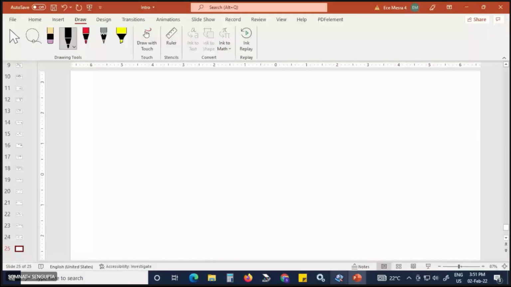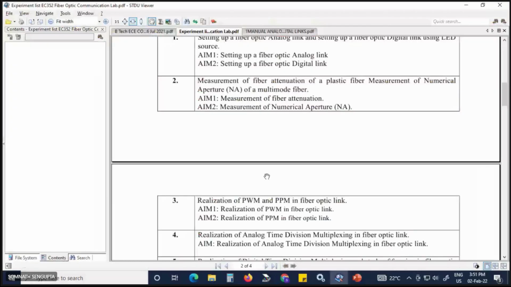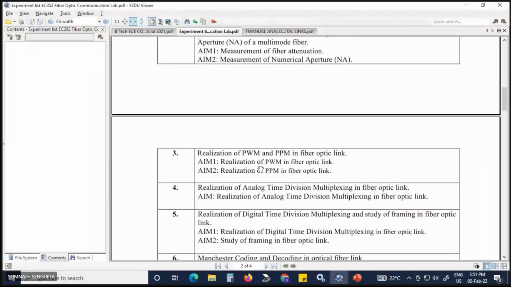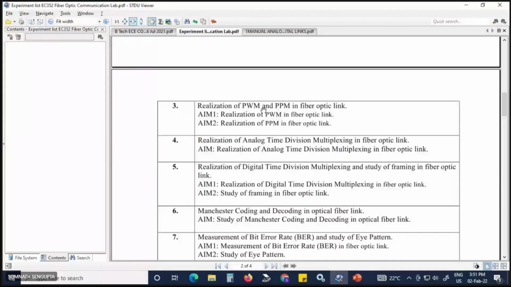Then the third experiment is PWM and PPM. There is a basic kit based on that. Using that kit we will transmit pulses, simulating or realizing pulse width modulation and demodulation, with different signals at the input and different signals at the output.